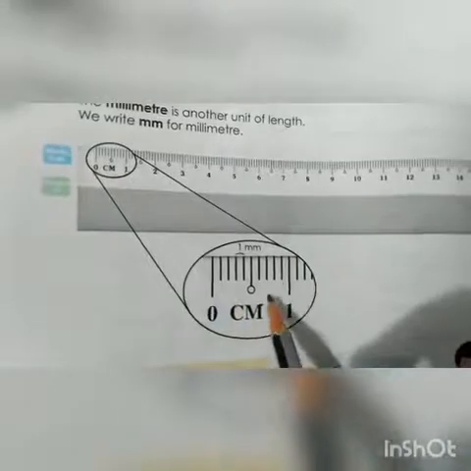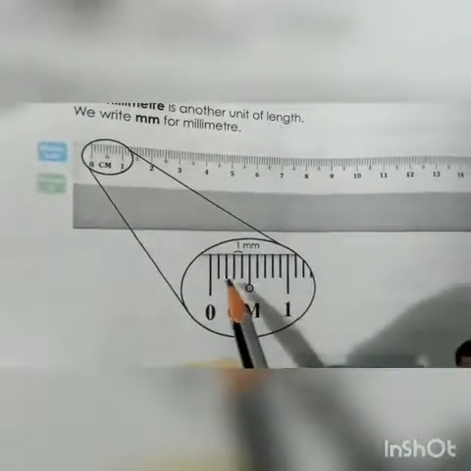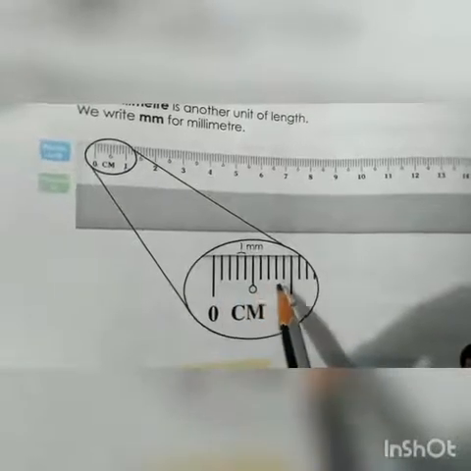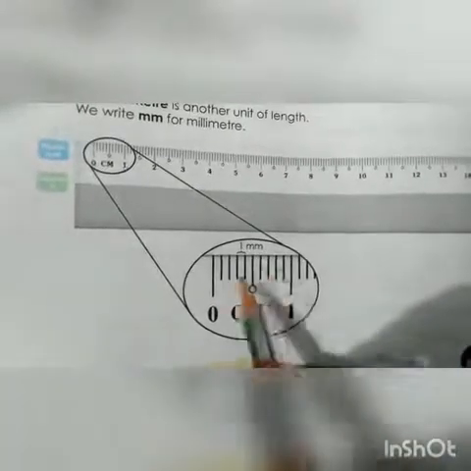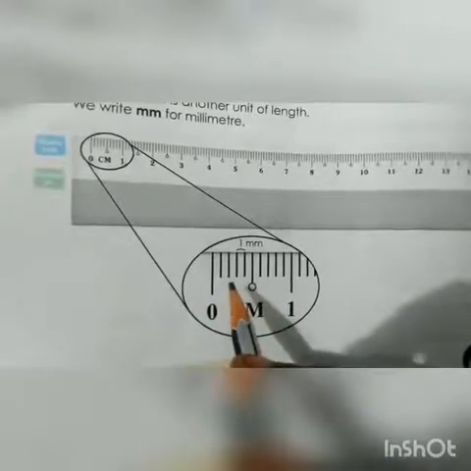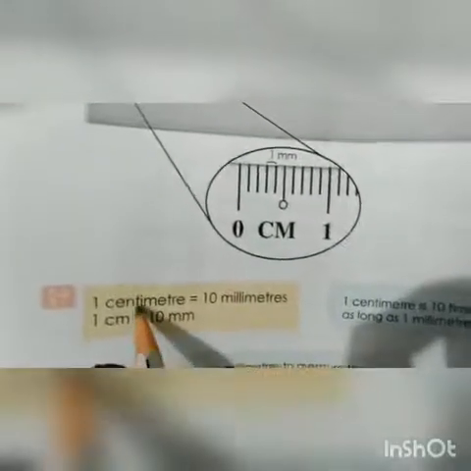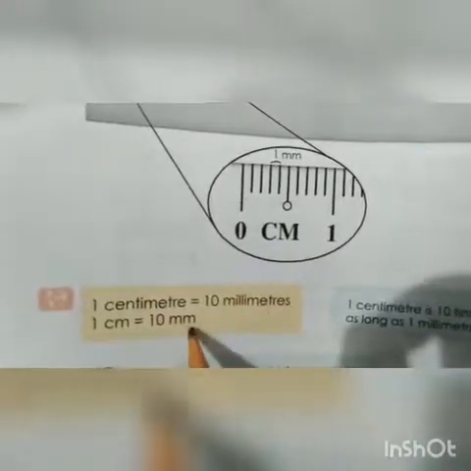From 0 to 1 is considered 1 centimeter. Between 1 centimeter, how many small lines are there? 10 lines. So we call this millimeter. So how many millimeter lines? 10. 1 centimeter is equal to 10 millimeters. We can write centimeter as cm and millimeter as mm.